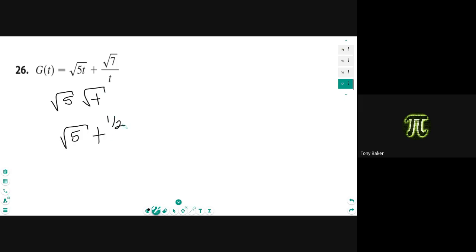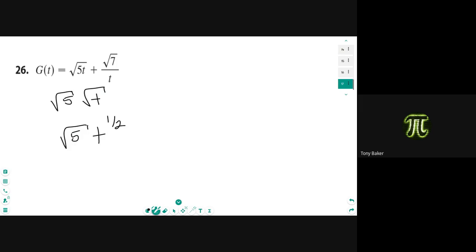Don't change your constants with the exponent. The only thing you're worrying about exponents for is your variables. That square root of 5 is no different than the number 3 or the number 10 or any other thing that I could put in front of a t or an x. It is just a constant.